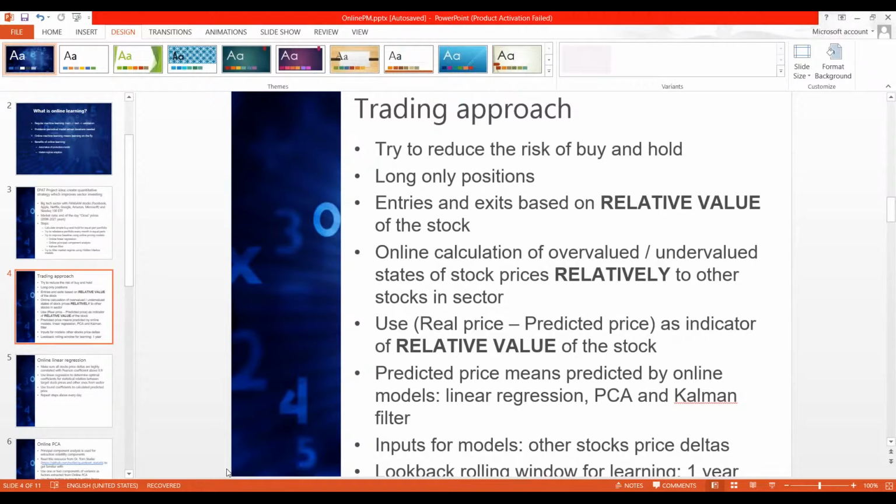The approach is based on statistical arbitrage techniques for picking up entries and exits to, I would underline this, long only positions. So we compare buy and hold with long only active trading.